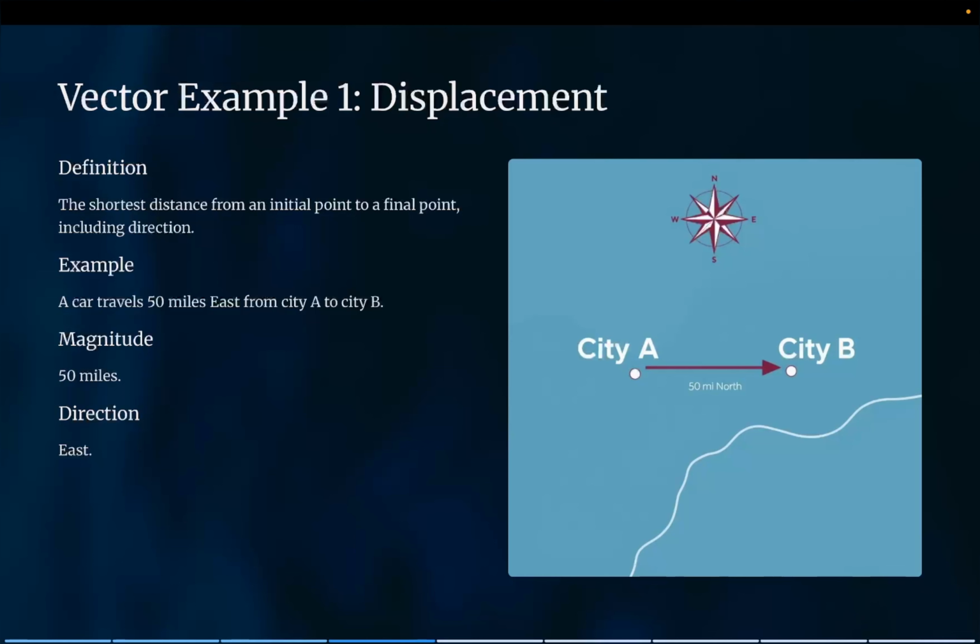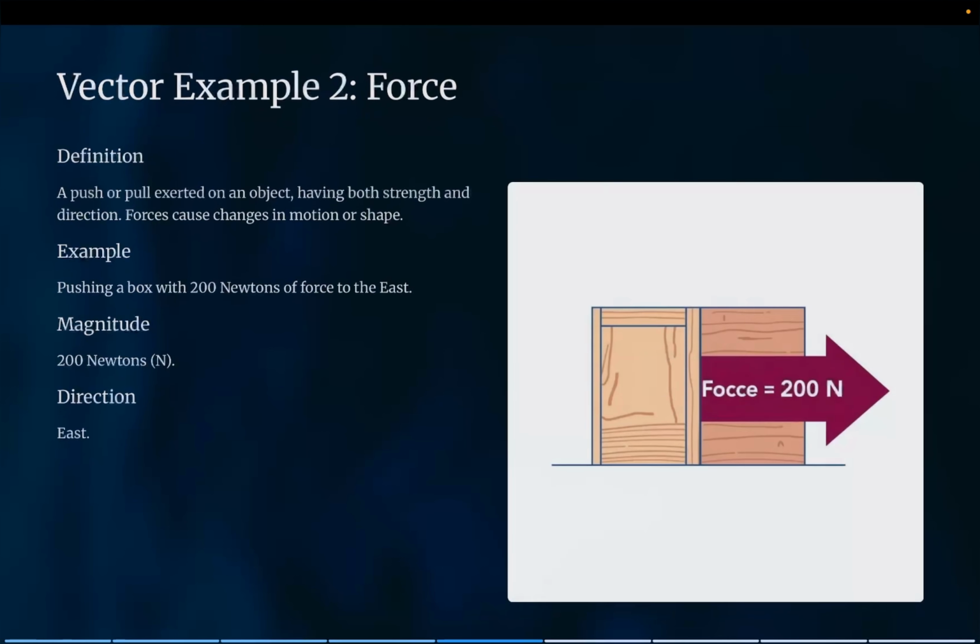Here as an example, it's given that a car travels 50 miles east from city A to city B. So 50 miles is the magnitude and east is the direction. It's going to give you an example and ask you to pick out which one is the magnitude and which one is the direction.